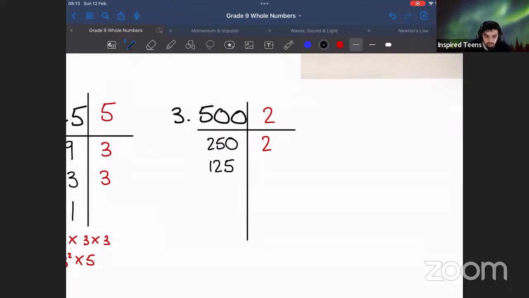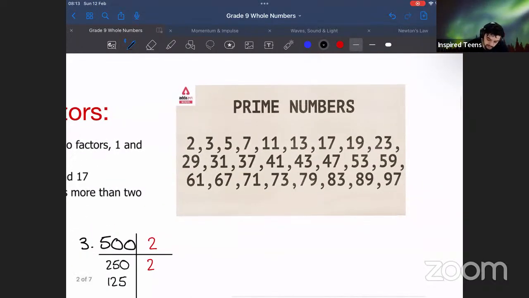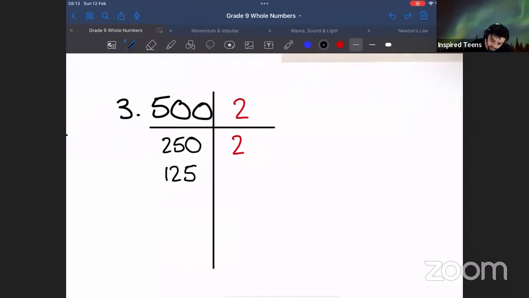125 is an odd number, so I cannot divide it by 2 anymore. I now have to choose either 3, 5, 7, and the obvious one is 5. When I divide 125 by 5, I'm left with 25. A prime number that can go into 25 would be 5 again.